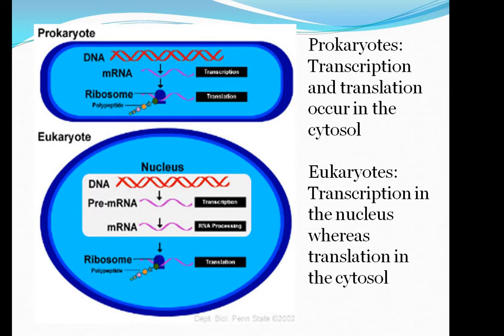So for translation and protein synthesis, this mRNA strand needs to be exported out of the nucleus to the cytoplasm. So we can say that protein synthesis takes place outside the nucleus, that means inside the cytoplasm.